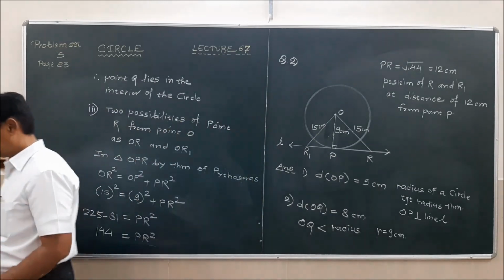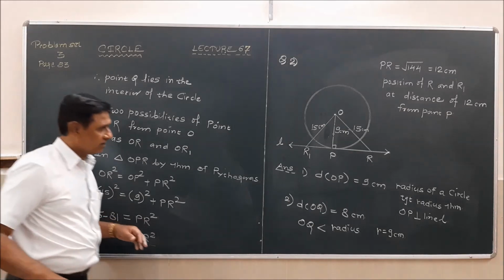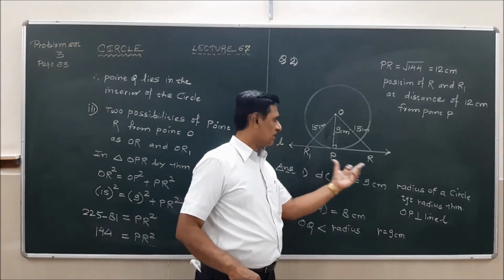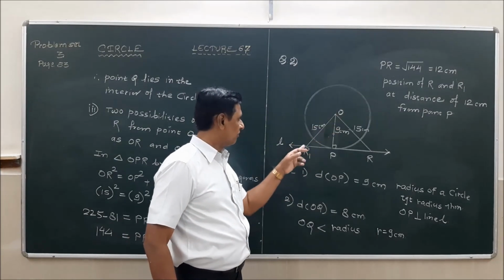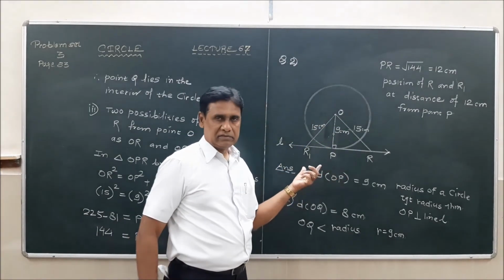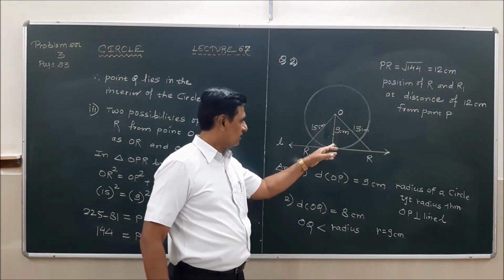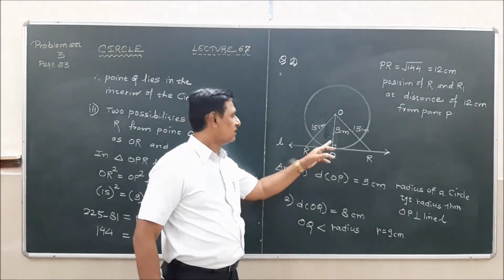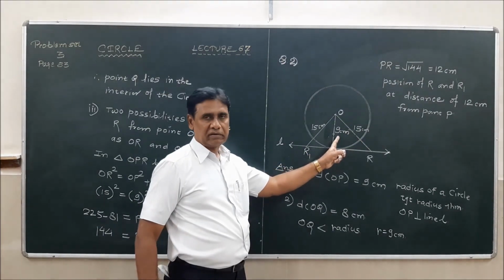So you will find here there are two possibilities for any point R which is at a distance of 15 from point O. So R and R1. Then I use the theorem of Pythagoras for this triangle. Of course, this is also 90 degrees. So we find 15 square is 225 minus 9 square is 81.